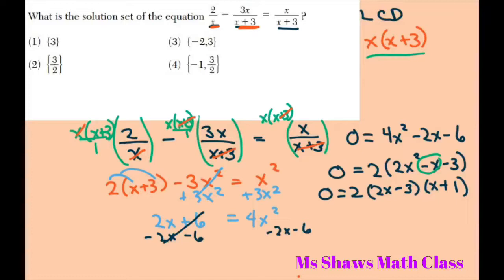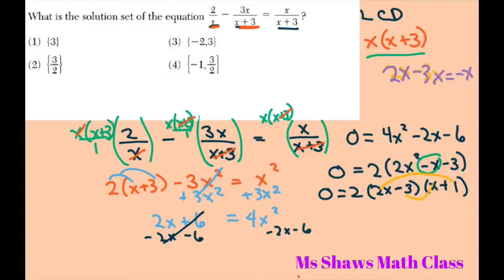And that will give you your negative 1, because if I do this, that's 2x minus 3x. And that gives you negative x, which is what we want.